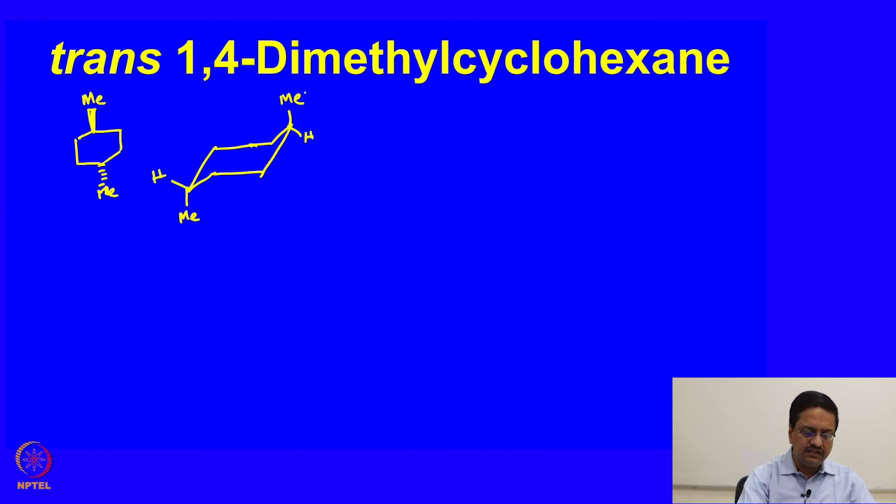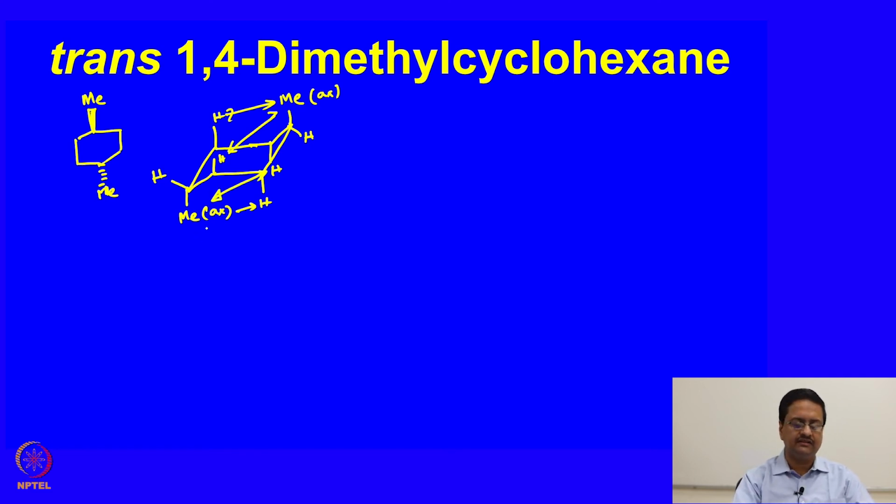Now we see that this is axial and that is also axial, which means for that particular methyl group, there will be 1,3 diaxial interactions with these axial hydrogens. For the other methyl group, there will be 1,3 diaxial interactions with the other two hydrogens. So it will have twofold effect of 1,3 diaxial interactions with two methyl groups.